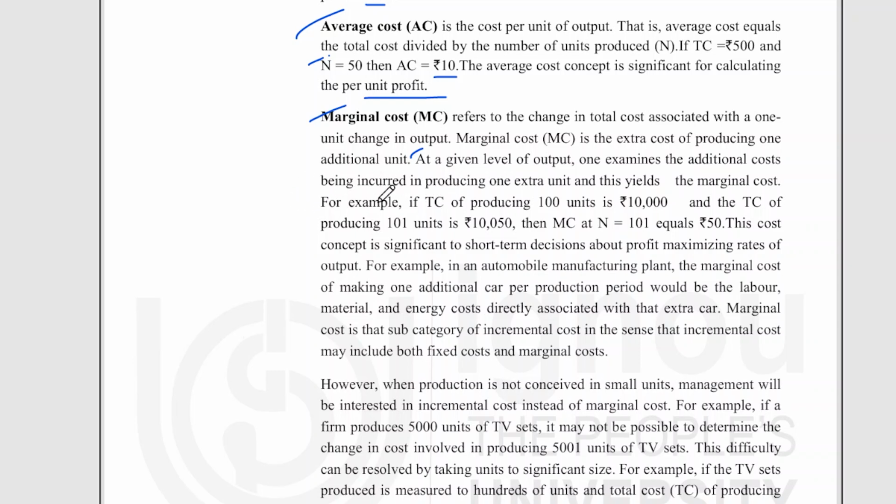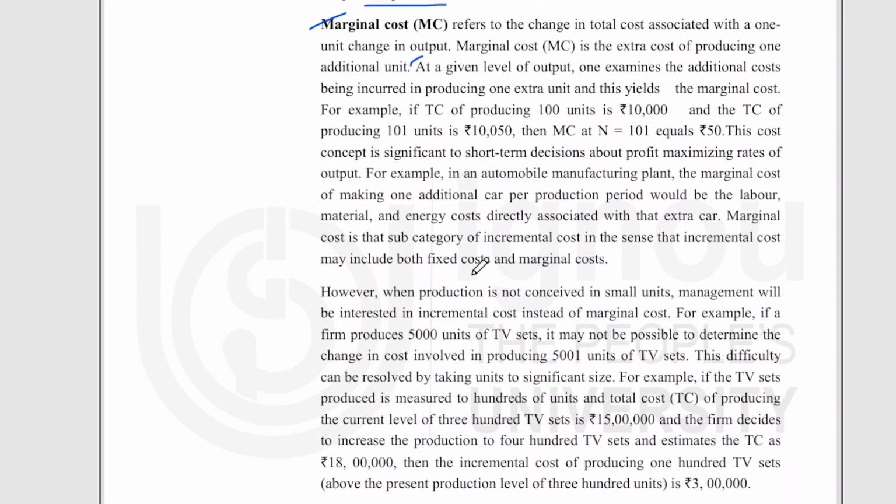For example, if TC of producing 100 units is 10,000 and the TC of producing 101 units is 10,050, then MC at N equal to 101 equals 50. This cost concept is significant to short-term decisions about profit maximizing rates of output. For example, in an automobile manufacturing plant, the marginal cost of making one additional car per production period would be the labor, material, and energy cost directly associated with that extra car.